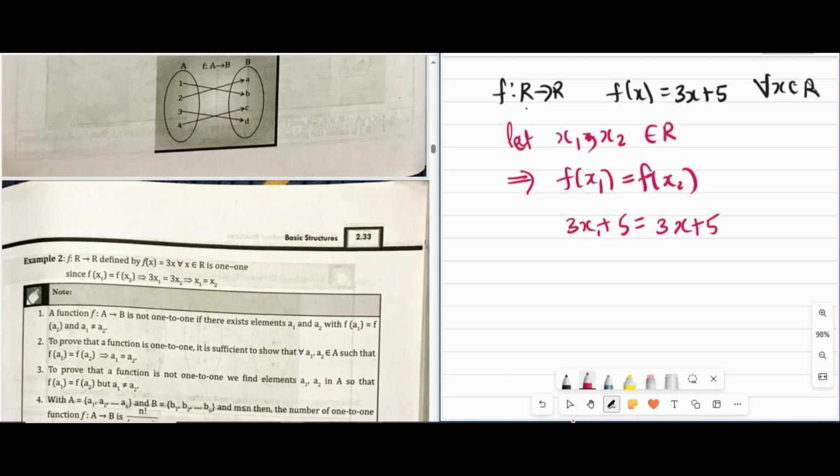So here it is 1 and here it is 2. What happens? The same terms will get cancelled on both sides. So 3x1 will be equal to 3x2. So again 3 and 3 will get cancelled. We will be left with x1 equals x2. Therefore, f is one-to-one.